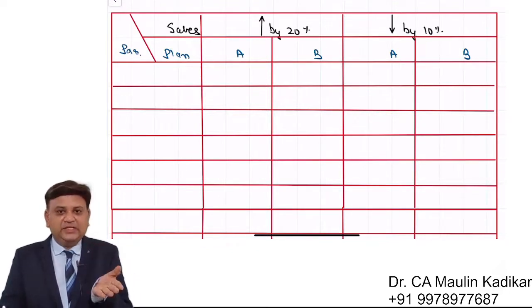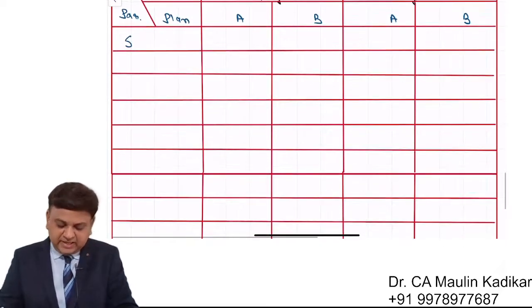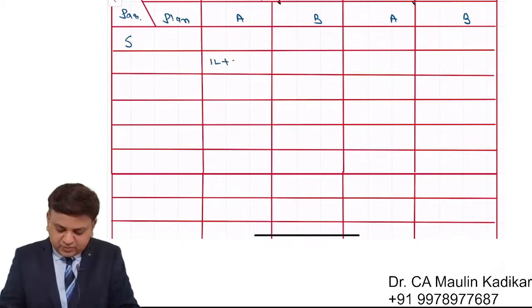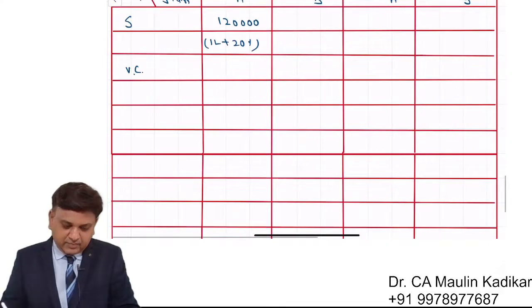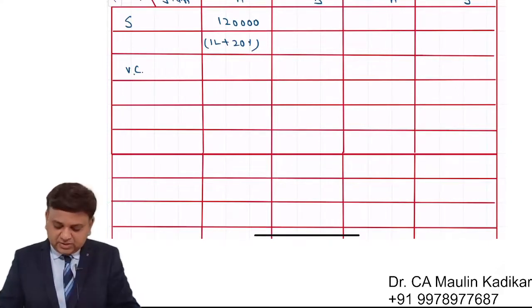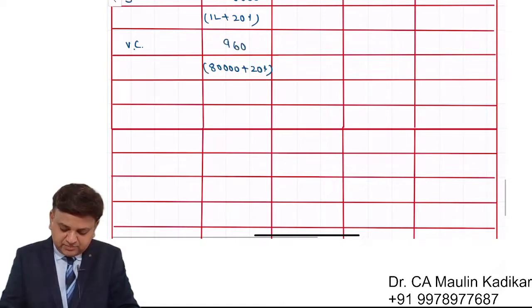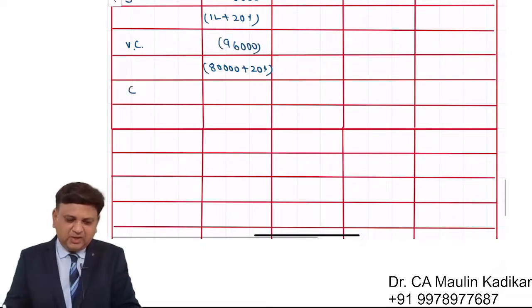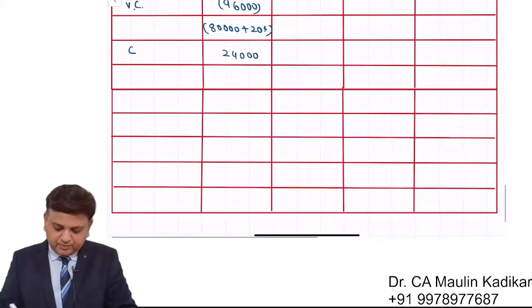In the first part of the question, the sales increases. Sales, in case of plan A, I am writing first of all, it is 1 lakh plus 20 percent. That comes to 1,20,000. Variable cost, from 80,000, will increase by 20 percent. That comes to 96,000. Contribution is the difference between both of them, that is 24,000. Fixed cost is not going to change, that is 10,000.